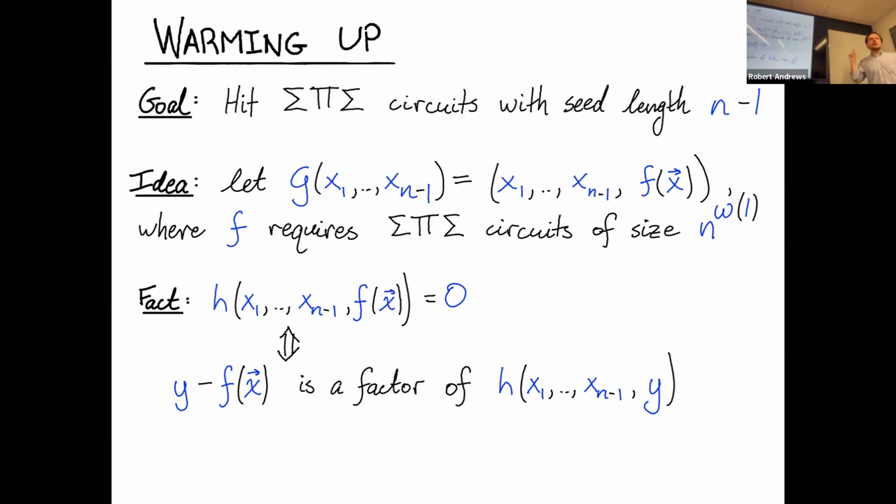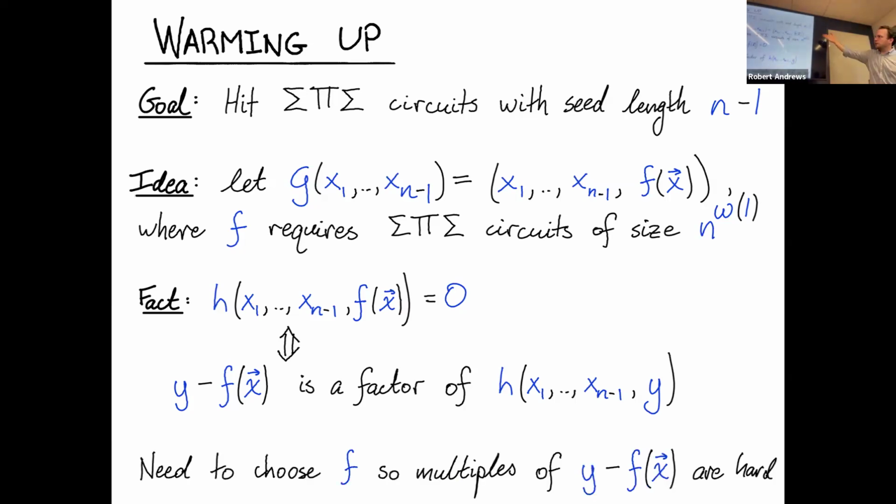These are exactly the polynomials that break this generator. So if we want to make this generator work, we should choose f not only so that f itself is hard, but in fact any multiple of y minus f is also hard. If you want to think of it as an average case lower bound, that might be a useful perspective to have.